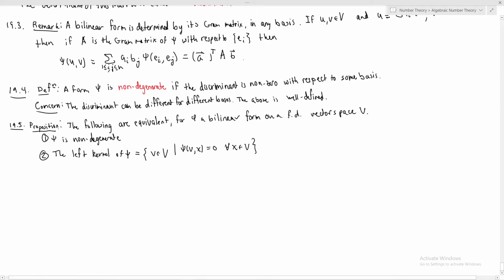So the condition I'm putting on, psi is non-degenerate, is equivalent to the left kernel of psi, which is this set, being trivial, i.e. just the 0 vector.